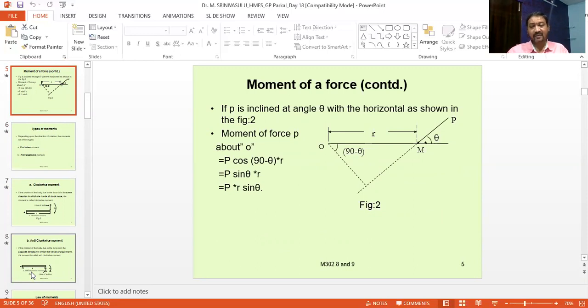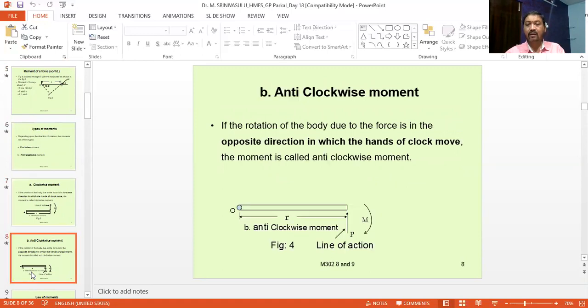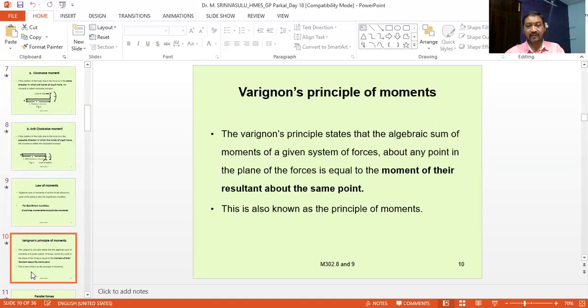In that case, we can resolve P into components: P cos theta will act along the axis of the body, and P sin theta will act vertically downwards, that is, at right angles to the axis of the body. That P sin theta we have to take into consideration in the case of the couple. So the force which is acting perpendicular to the axis of the couple is to be taken into consideration, that is P sin theta into the distance.